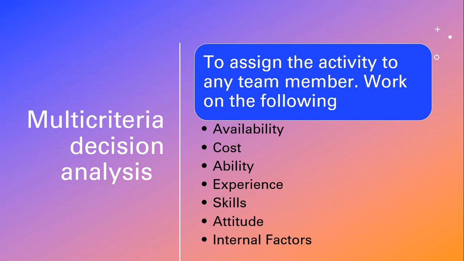To assign the activity to any team member, work on the following: check the availability, check the cost, ability, experience, skills, attitude, and internal factors. And if you believe he is capable of doing this work, you must assign that work to him or her.